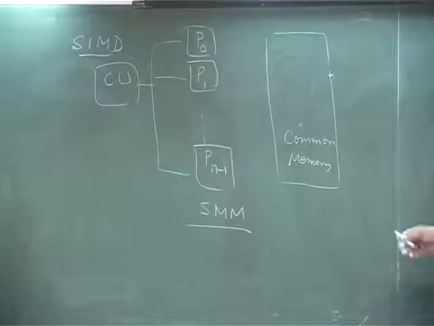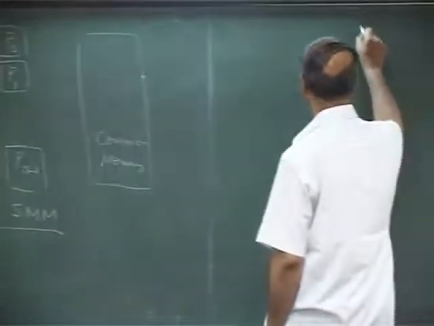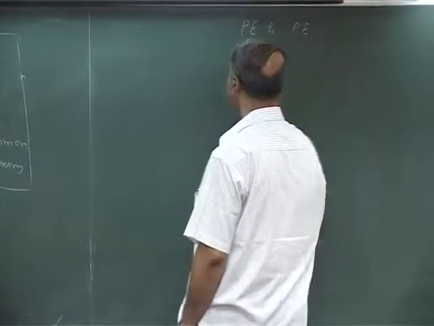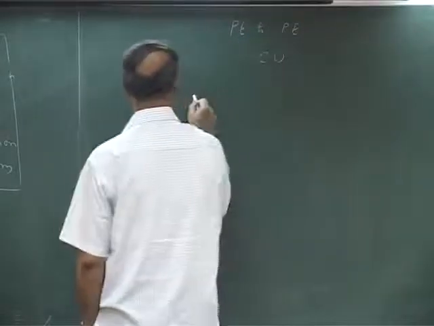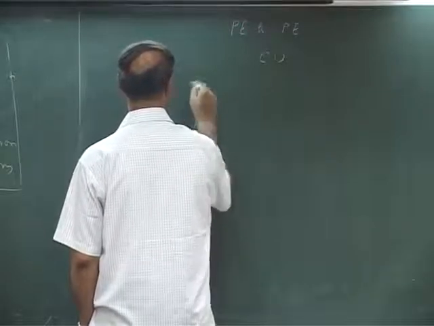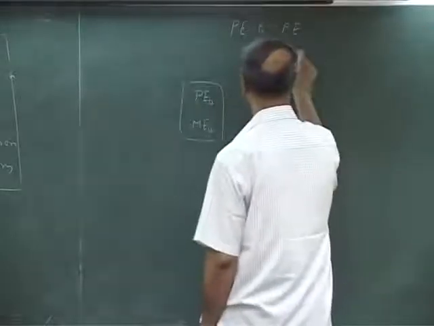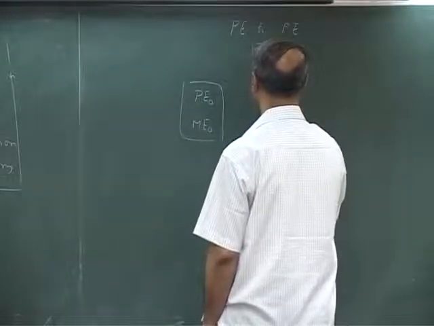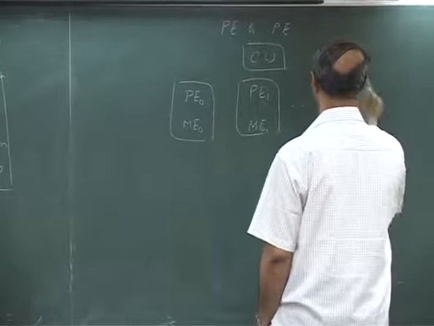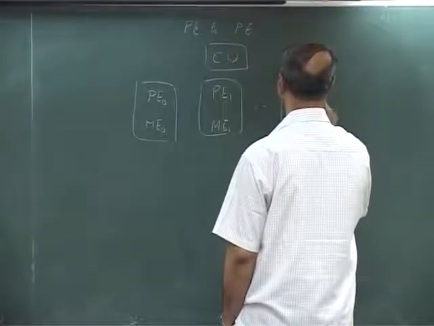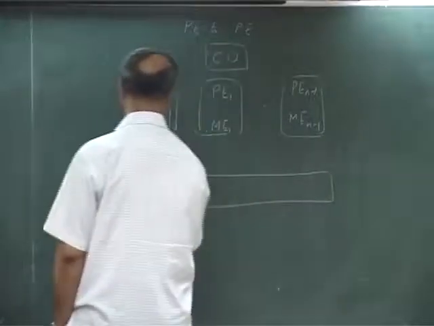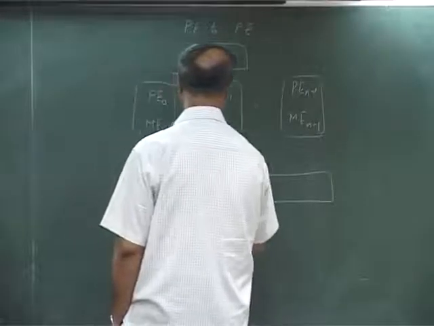One model is known as the P2P model. You have a control unit, you have PE0 with memory attached to it, PE1 with its local memory, up to PE n-1 with ME n-1, and finally you have an interconnection network.